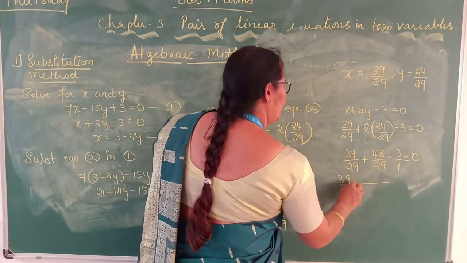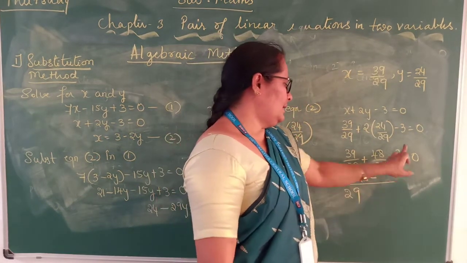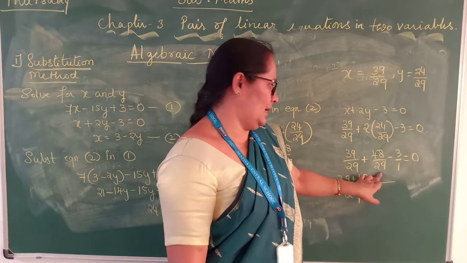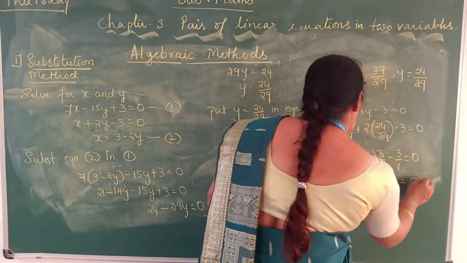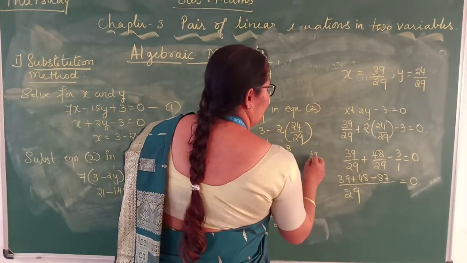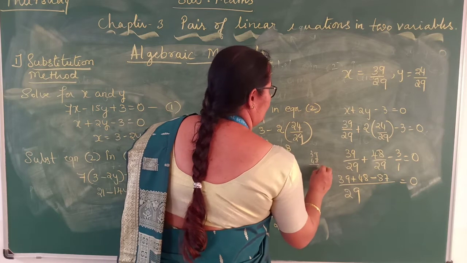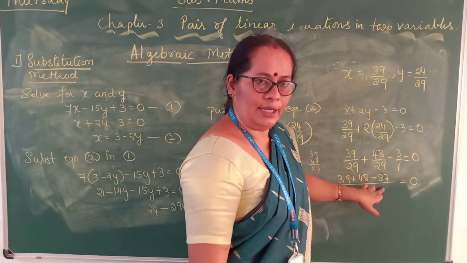So 39 plus 48 minus 29 into 3, and 29 into 3 is 87. Now 39 plus 48 is 87, so 87 minus 87 is 0.